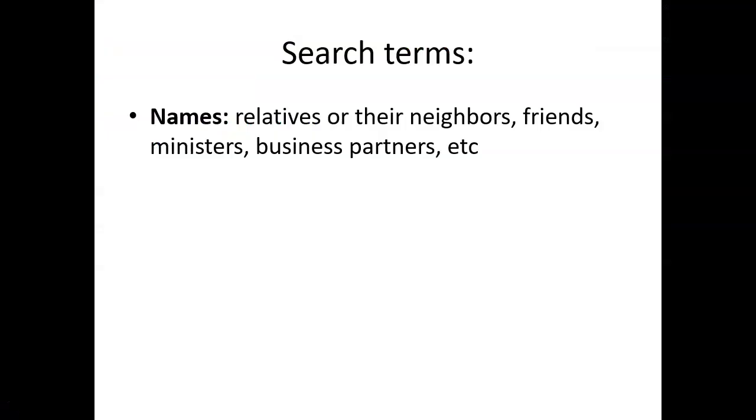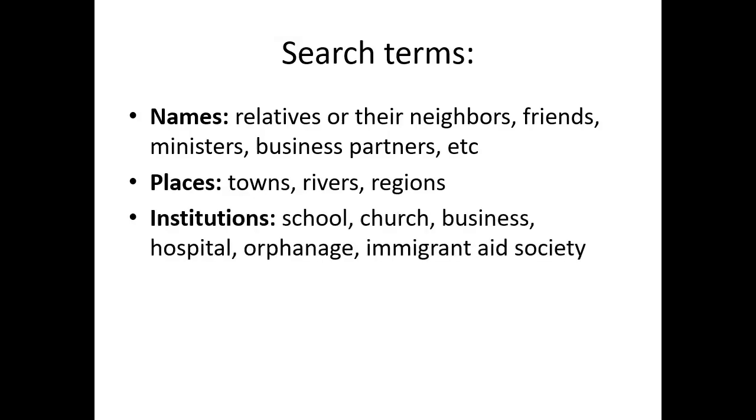So here are some helpful tips for search terms. First, I look for names. Of course, for relatives or their neighbors, their friends, a minister, or someone else who is involved with the family, like a business partner. I also look for places, not just maybe the state or the town, but also a region or a river or any other neighborhood or identifier by which their place might be known.